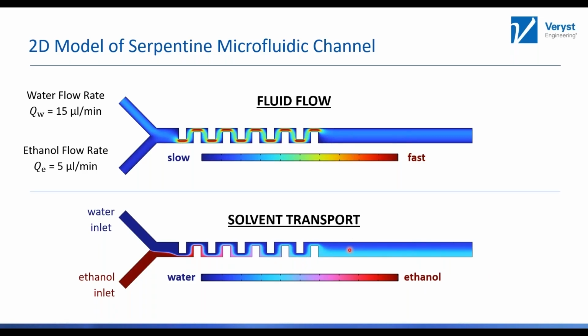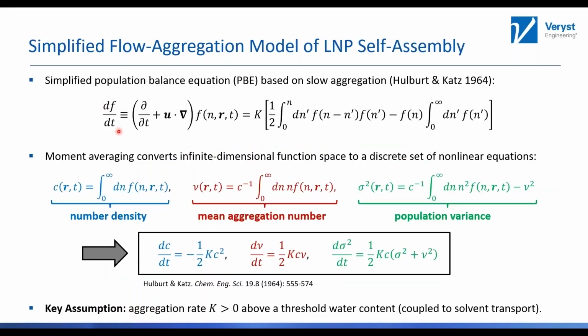The question we want to ask is, how do the flow process parameters, namely the flow rate and the ratio of the two inlet flow rates, impact size distributions of LNPs? And to model that, we again turn to the population balance equation that I introduced some slides ago. Solving the equation in full is generally a hard problem.